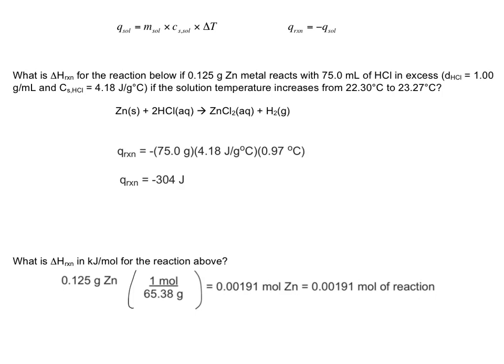So we can literally just divide these two numbers to get the delta H for the reaction, and we can easily convert from 304 joules to 0.304 kilojoules because there are 1,000 joules in a kilojoule. Right, and when we divide those two numbers out, we get negative 159 kilojoules per mole, and that would be the delta H of our reaction. So like I said, we're going to get to do some of these calculations in the lab later in this unit.